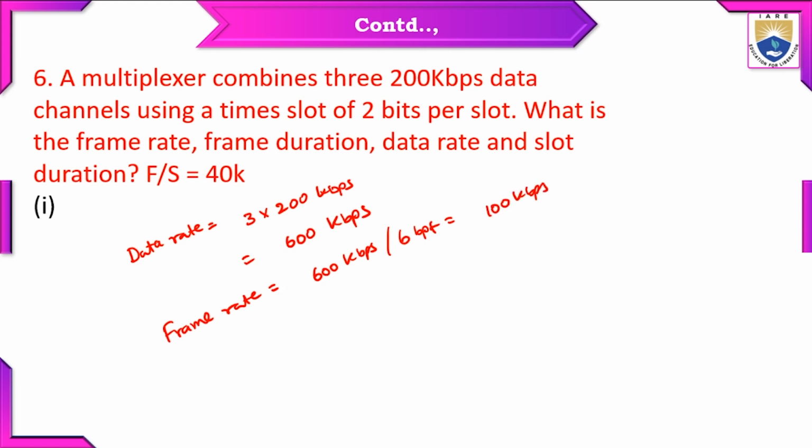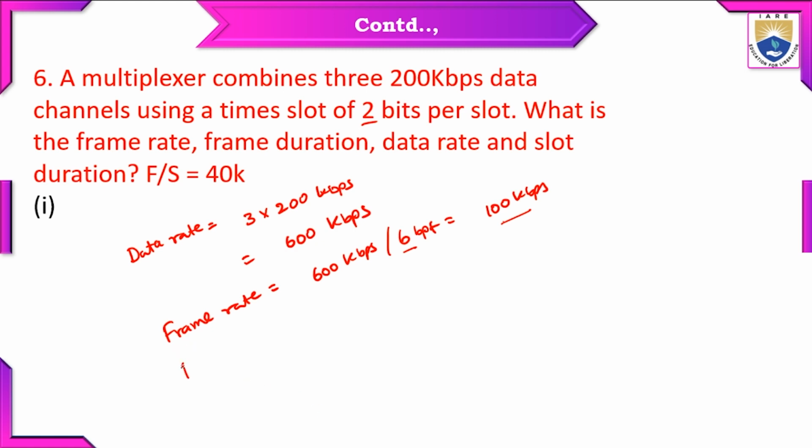Because there are 3 channels and 2 bits per slot, so 3 into 2 gives 6 bits per frame. So 600 kbps divided by 6 bpf gives 100 kbps. That is the frame rate.